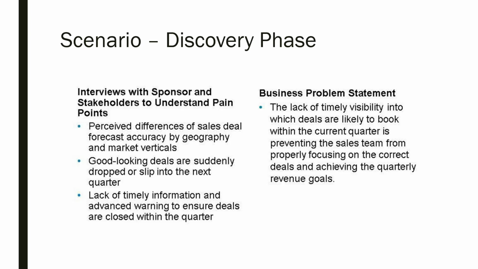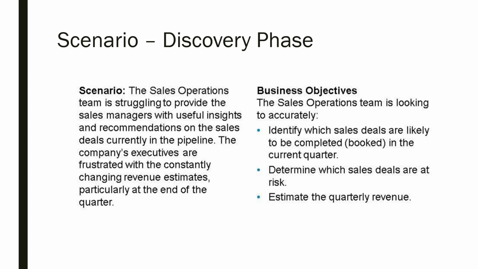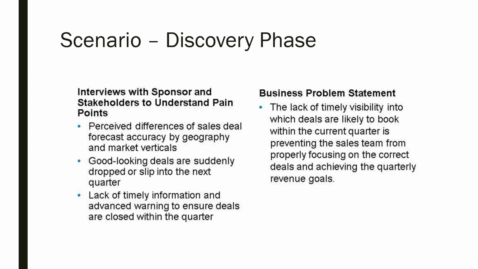So within these interviews, you've got the scenario which is looking at sales, the business objectives is what they're asking for, and the interviews have said that within the whole sales cycle, within the quarterly estimates, sometimes they book deals in one quarter, and they don't actually receive the money till the next quarter, so there's some lack of timely information being advanced. That's one of the key things that they found out within the scenario.